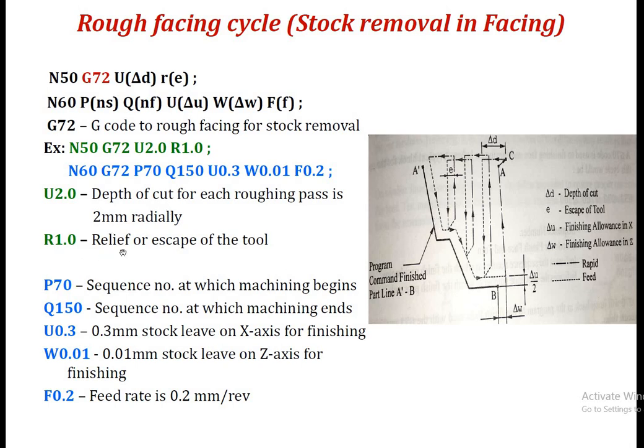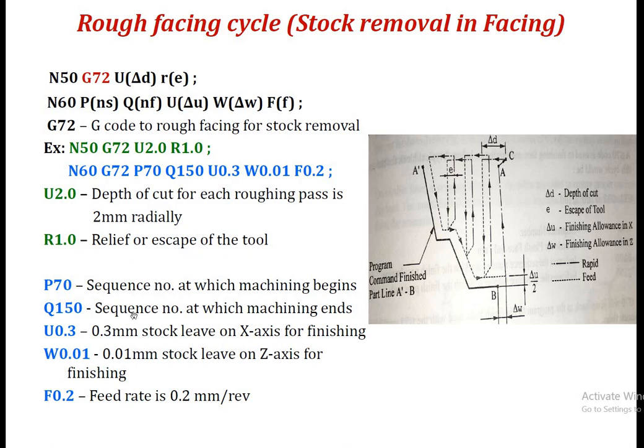Next R, that is relief or escape of the tool. R1.0. As I explained in the rough turning cycle, the meaning of relief or escape of the tool is the same here also. So R1.0 means 1 mm is the relief or escape of the tool after each pass.